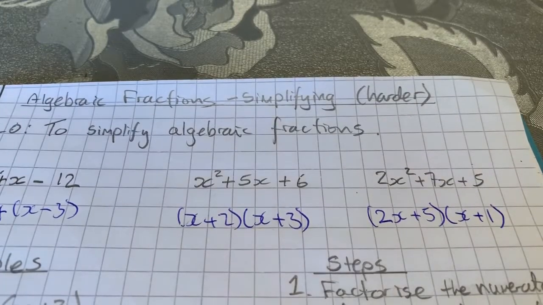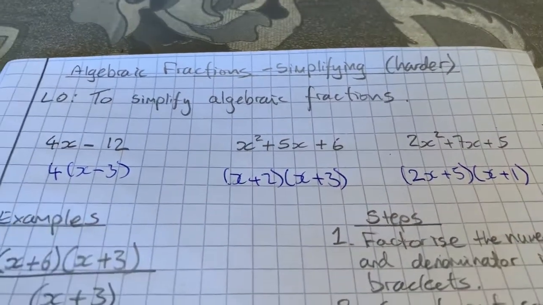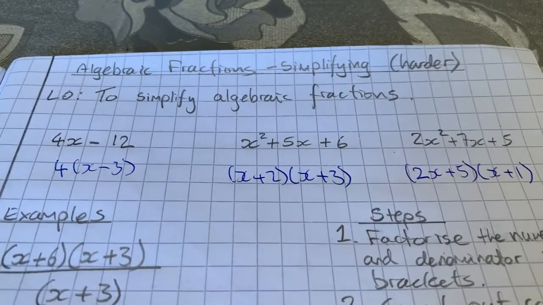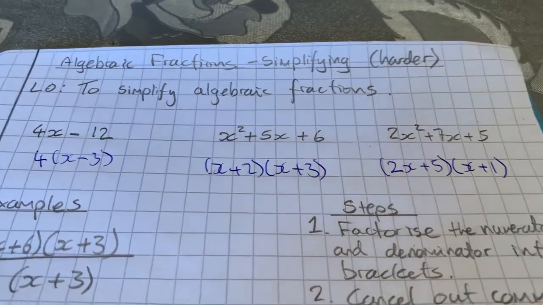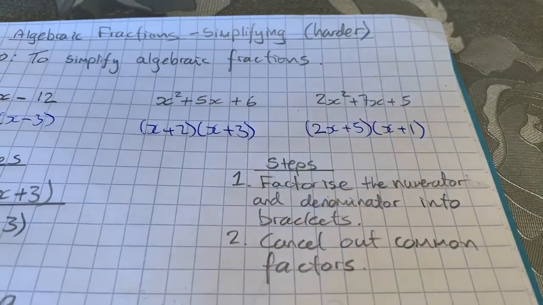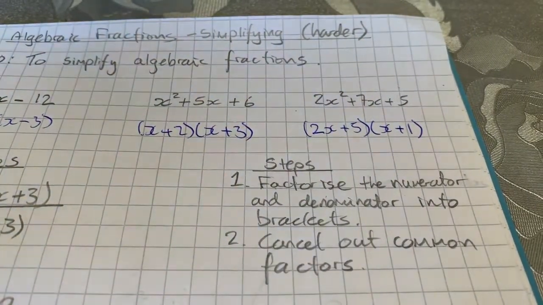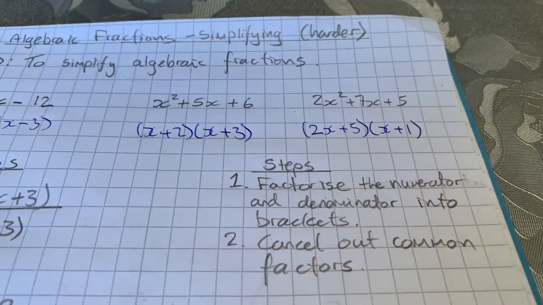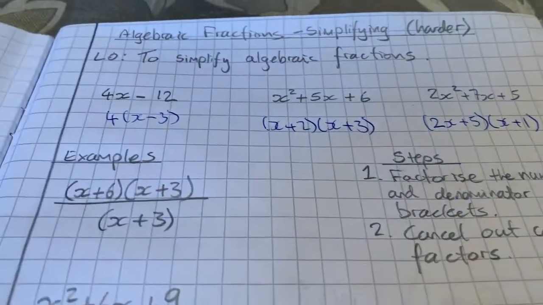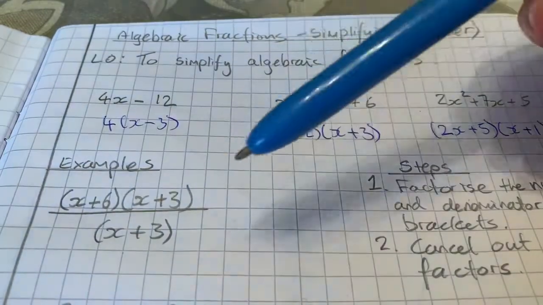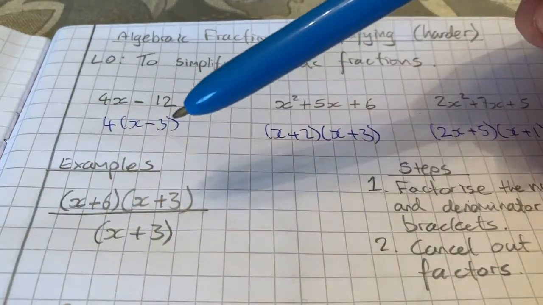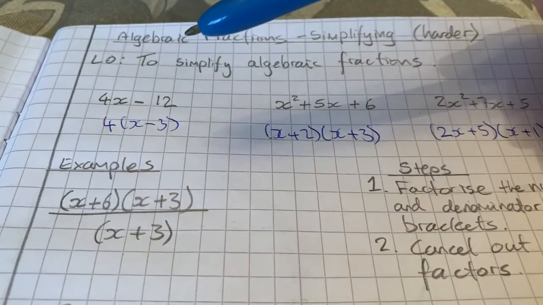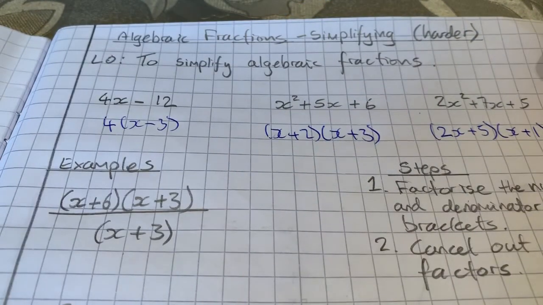Okay, so here are some examples of how you actually simplify these algebraic fractions. Just like with simpler algebraic fractions, the key thing you're trying to do is factorise the numerator and denominator and then cancel out common factors. In this first example, I've started off with one that's already factorised, so you get an idea of what you're trying to achieve.